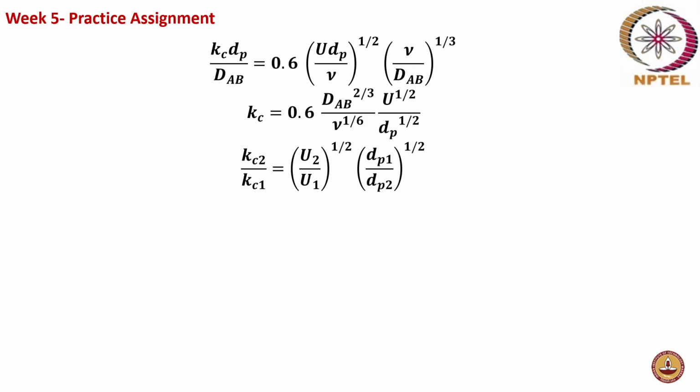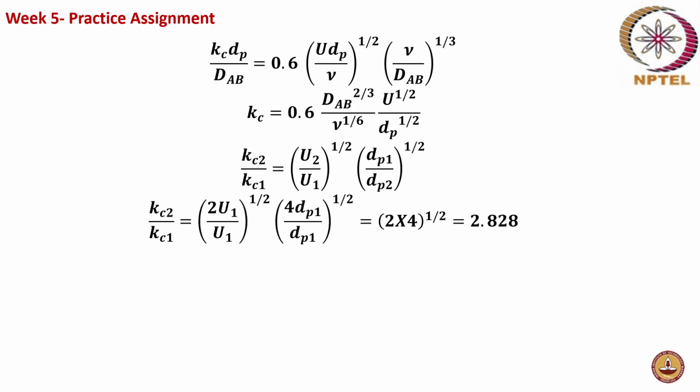So upon applying these, you will end up with the equation Kc2 by Kc1 is equal to u2 by u1 power half multiplied by dp1 by dp2 power half.